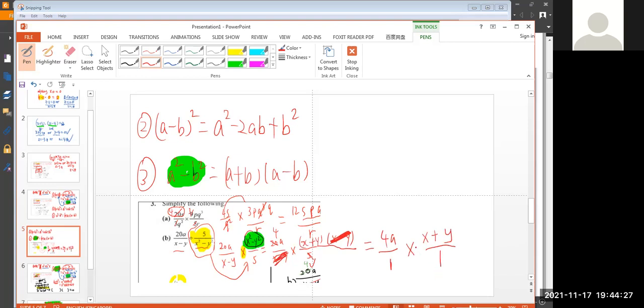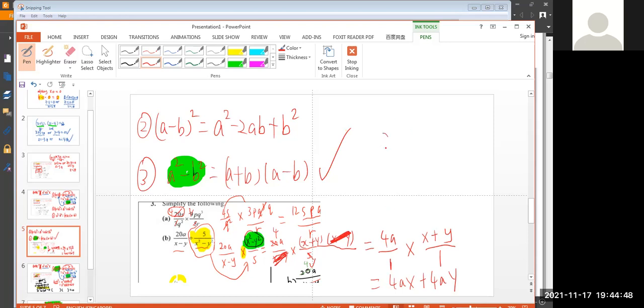If you simplify this further, you're going to get 4ax plus 4ay. So that should be your answer. Okay? Yeah. So that's why formula 3 is very important for this question.